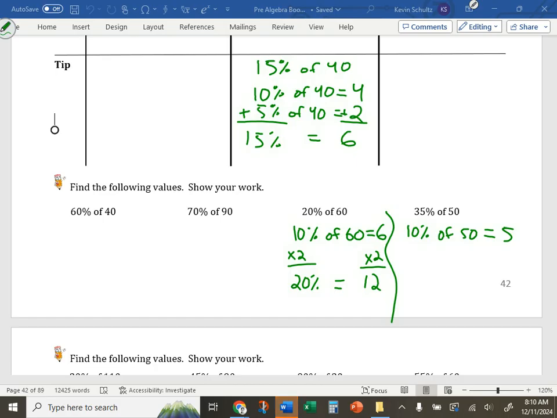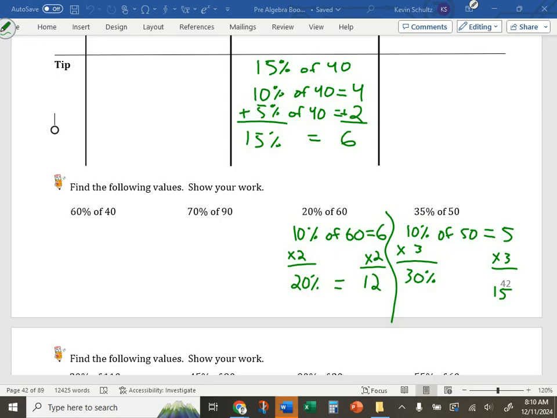How many 10% are in 35%? 3, right? 3 10% is 30%. 4 is 40. That's too many. So we're going to start by getting to 30% by multiplying the 10% by 3. 3 10% will get us to 30%. And then 5 times 3 gives us 15.